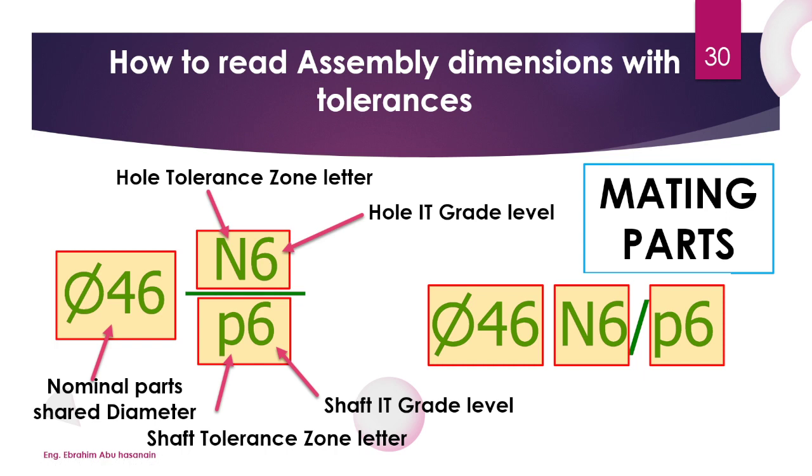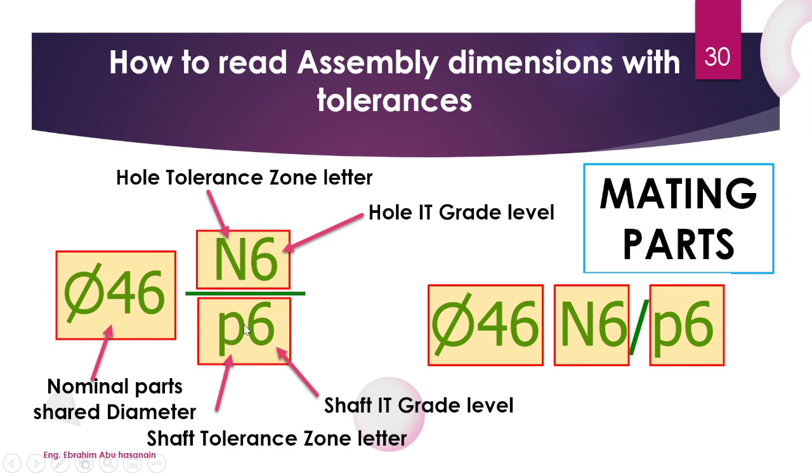How to read assembly dimensions. When we come to assembly, we have two mating parts that share the same diameter. For example, 46, we have two parts that share this 46. And here at the top, we have N6 for the hole and P6 for the shaft. You see, the hole tolerance is the tolerance zone and level of accuracy, and here P6 for the shaft.